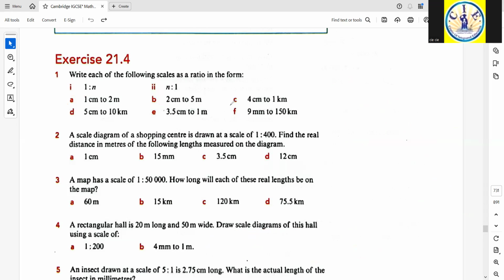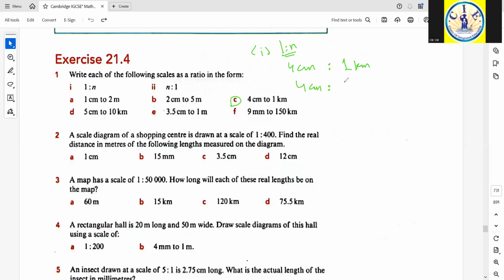Now it's part C, 4 centimeter to 1 kilometer. We can do it in both the ways. First of all, for the first part, when we need to do it in 1 ratio n, let me convert this kilometer to centimeter.